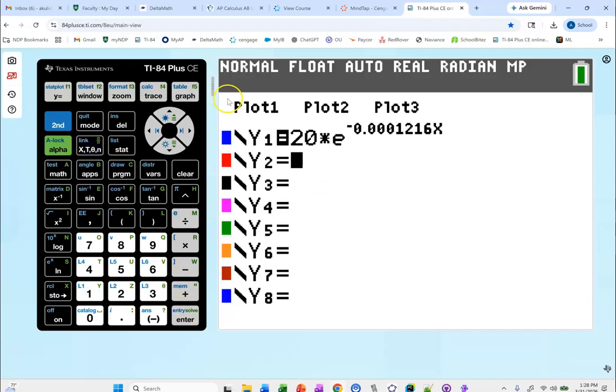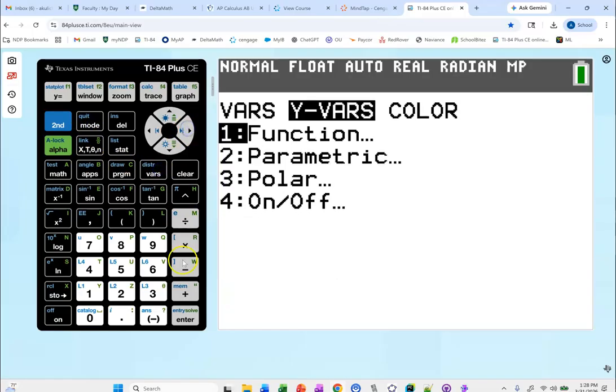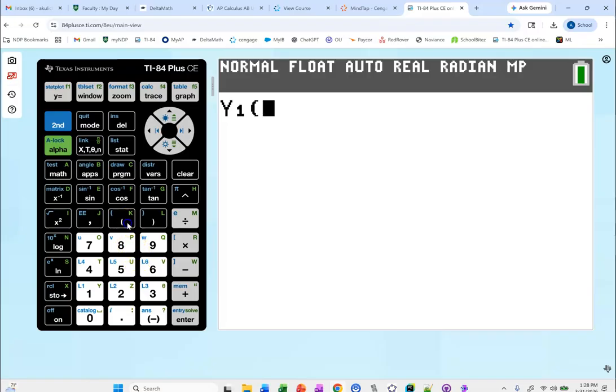So I'm going to type it into the y1, and then I'm just going to do y1 of 0 to get 20 grams.